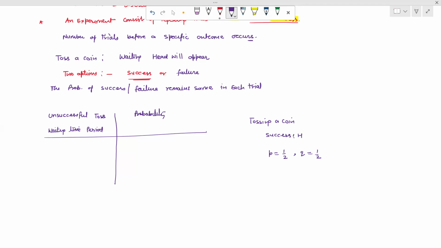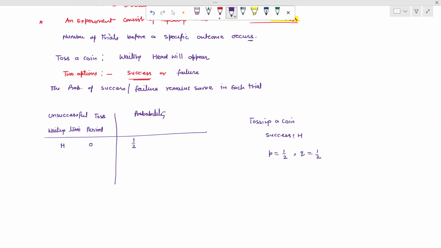Now we start the first trial. In the first trial we get the head. So what is our waiting period? There is no waiting period, that means zero. In the first toss we got the head. So the probability is 1 by 2.